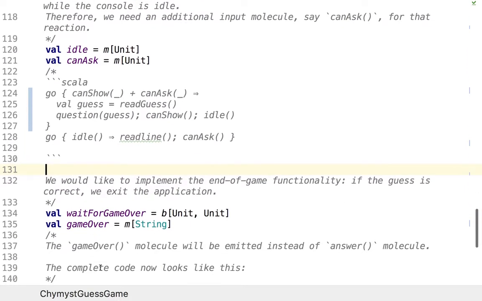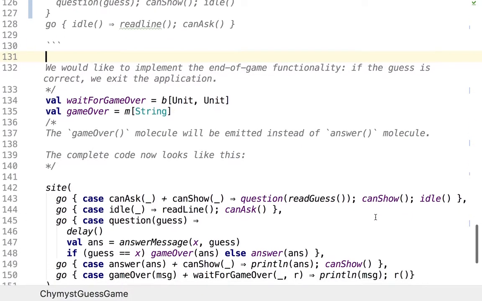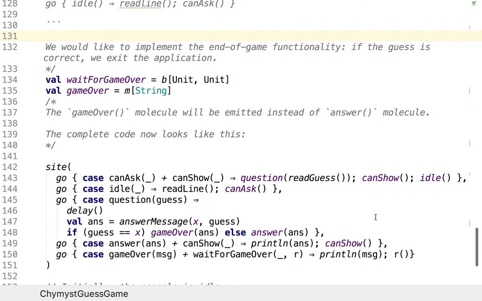And then we have this usual pattern where game over reacts with wait for game over and sends a reply to it. And the game over will be emitted instead of the answer molecule when the guess is correct. So this is now the entire complete code of this game.